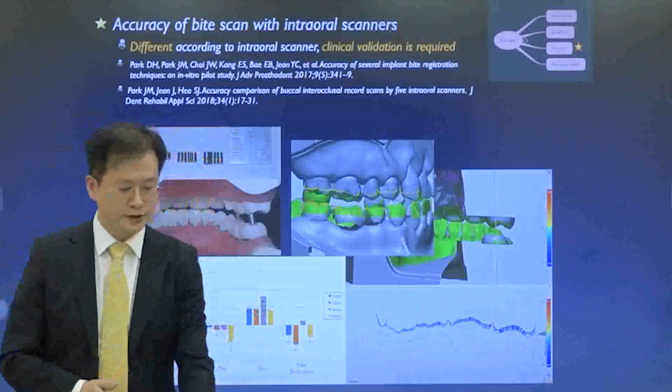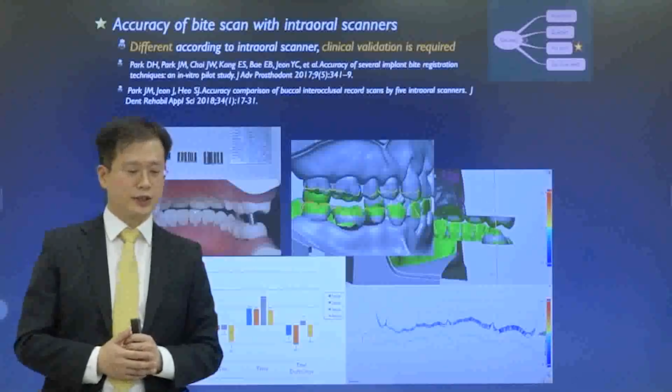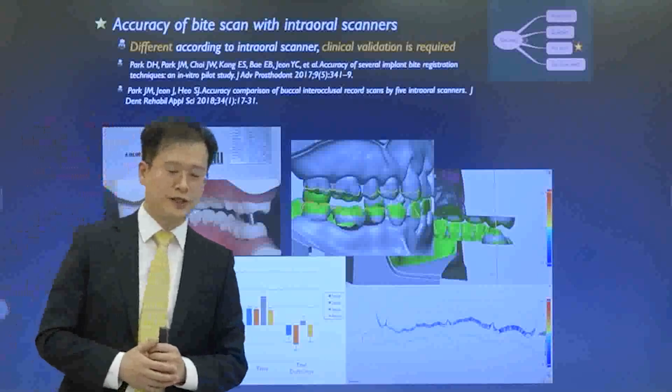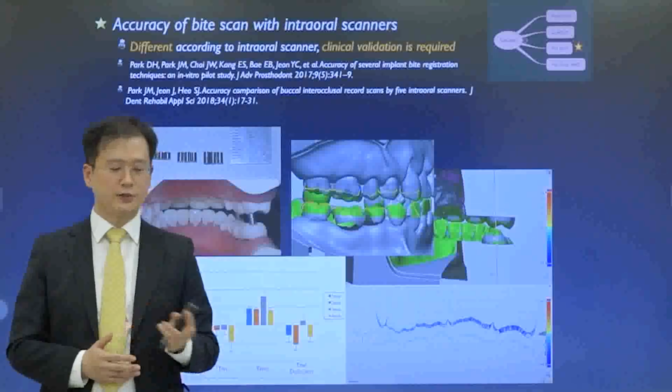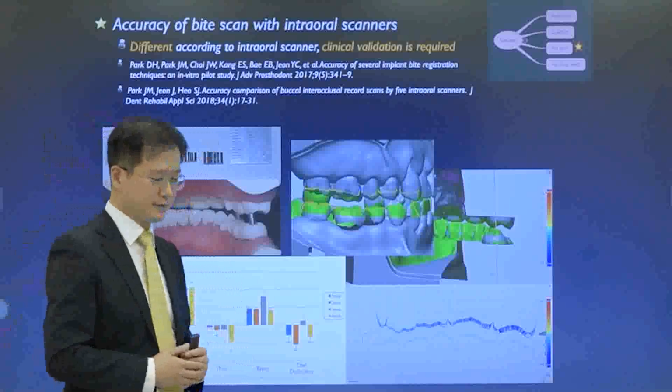Of course, there is a difference in accuracy depending on the intraoral scanner system. Therefore, it is necessary to always check whether the occlusion has been created in the same manner as in the actual mouth after the scanning.